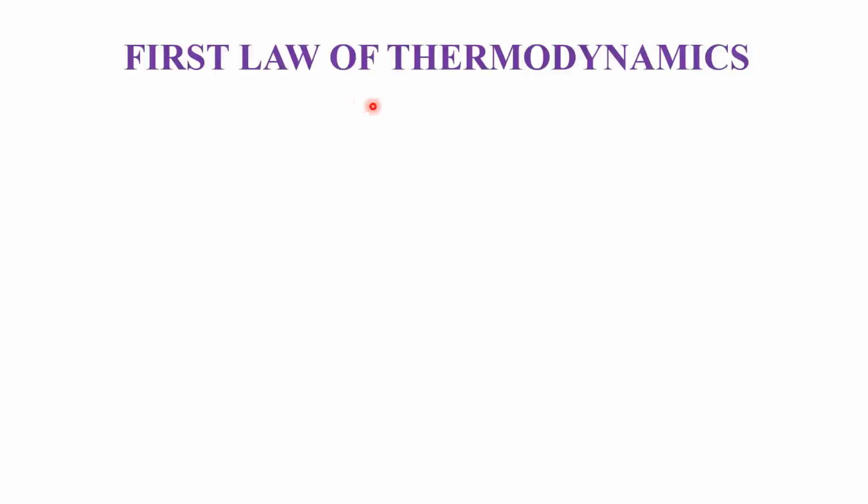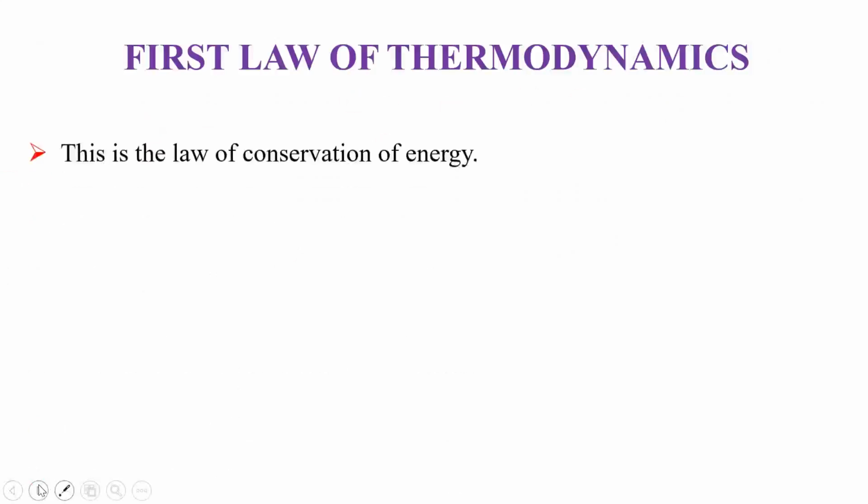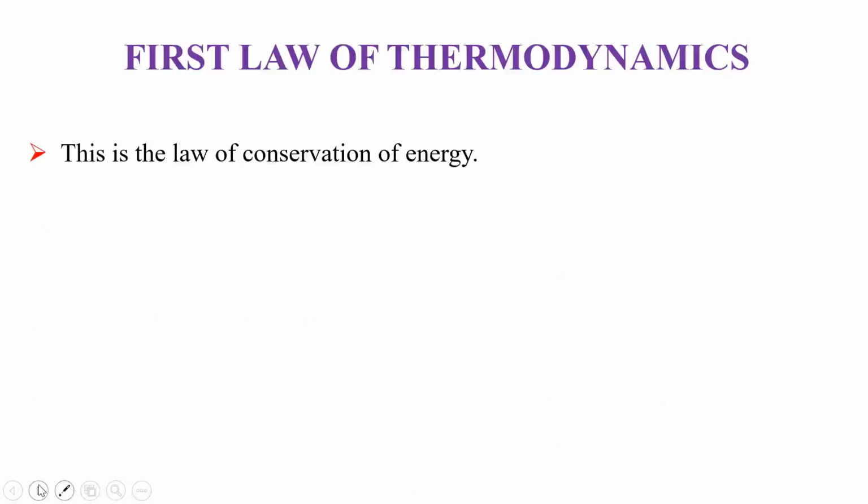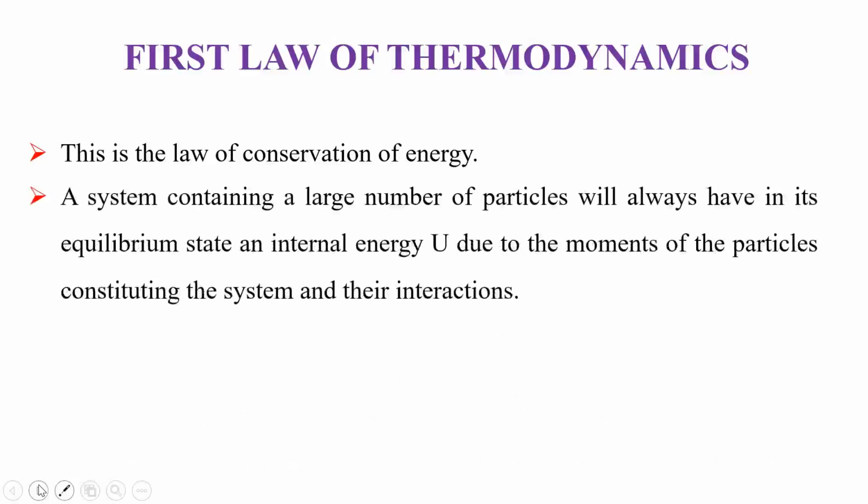Now, we discuss the first law of thermodynamics. This is the law of conservation of energy. This law is also known as the law of conservation of energy. A system containing a large number of particles will always have, in its equilibrium state, an internal energy U due to the motions of the particles constituting the system and their interactions.